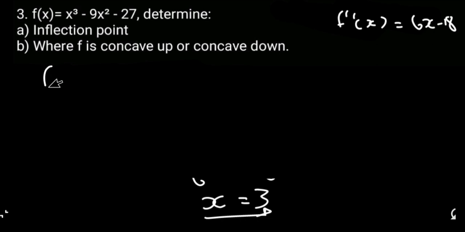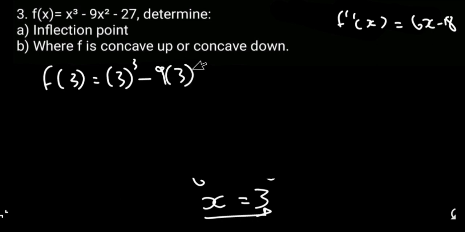So f of 3 is equal to 3 cubed minus 9 into 3 squared minus 27, and we're going to get negative 81.